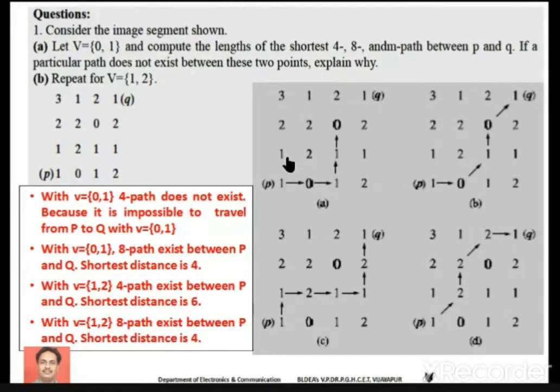But while moving from P to Q using 4-paths, remember that the path should consist of only pixels with values either 0 or 1. Now we start moving from this point P, so I'll move from 1 to 0, 1 to 0. I can also move like this, 1 to 1. However, afterwards, we won't find 0 or 1, right?